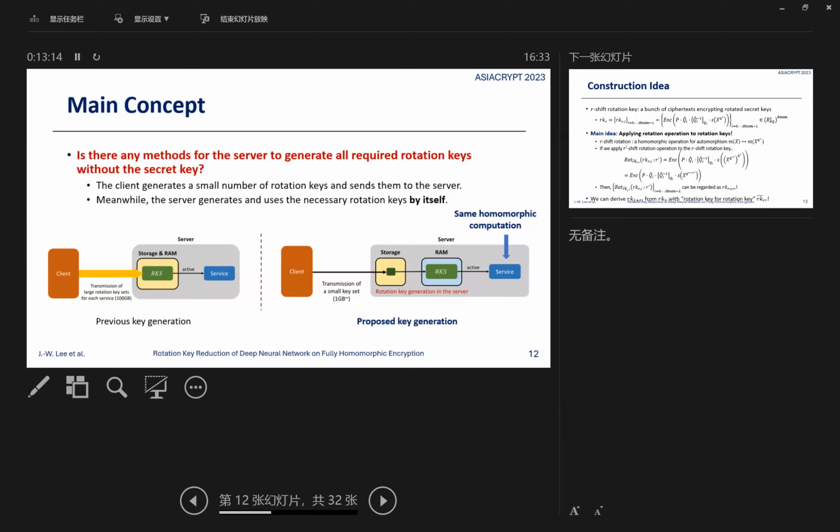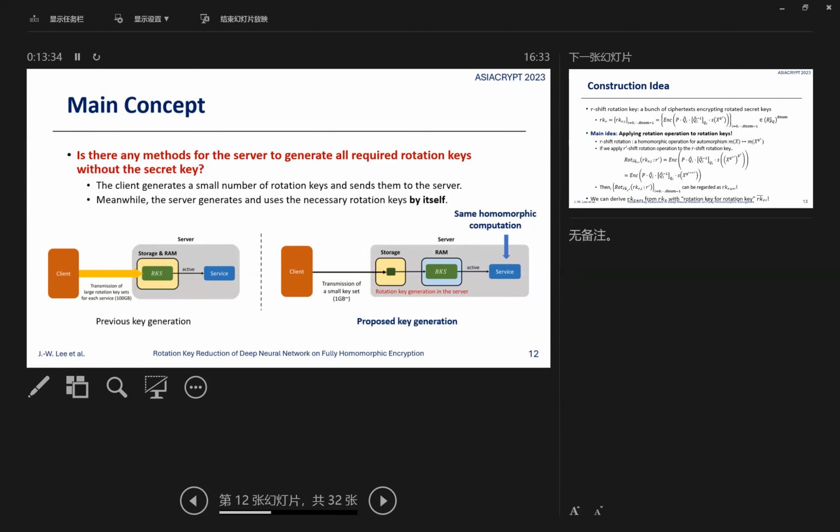This is the previous key generation: the client generates all required keys for the server, then transmits them, and the server has to store this rotation key set to apply the service.